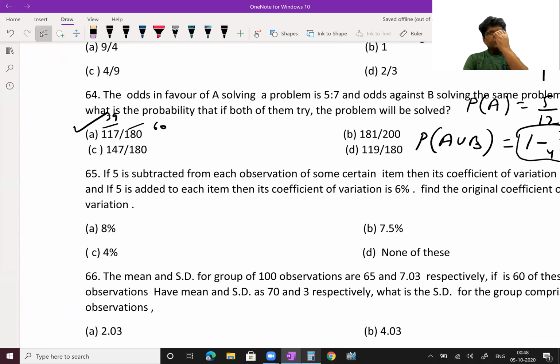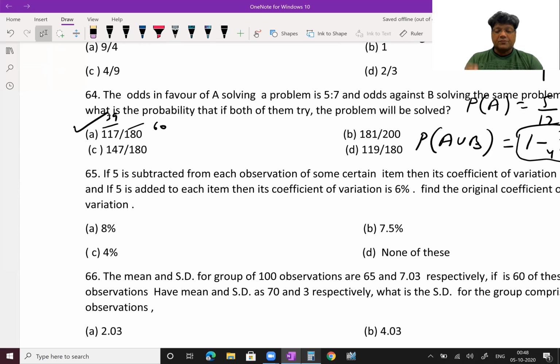Now, you remember that the coefficient of variation formula is standard deviation by mean into 100. But mean is dependent on change of origin. Means if you add or subtract, mean will be affected. But if you add or subtract from the original observation, then standard deviation will remain the same.